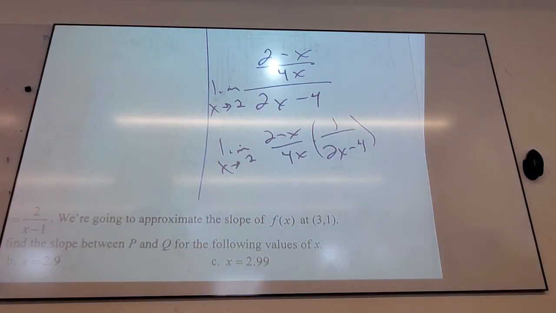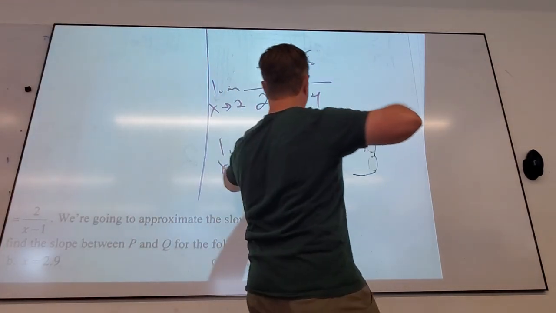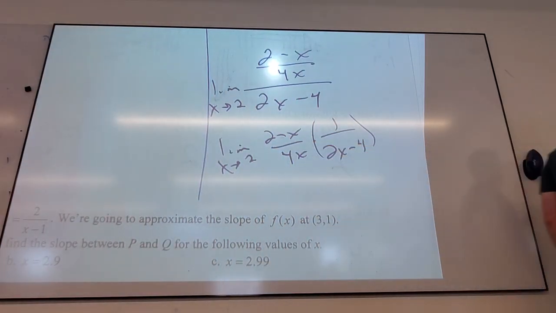Now don't distribute the 4x because what do you look for before you multiply two fractions? You look to see if anything cancels. Can you factor stuff so that something will cancel? How can you factor the 2x minus 4? Take a 2 out. What are you left with? X minus 2, yes? Isn't that almost what this is? What can you factor out of him?